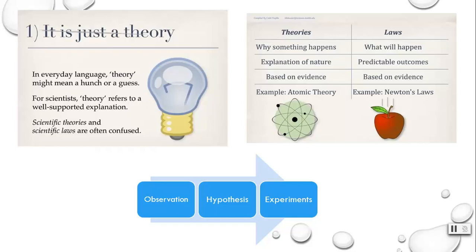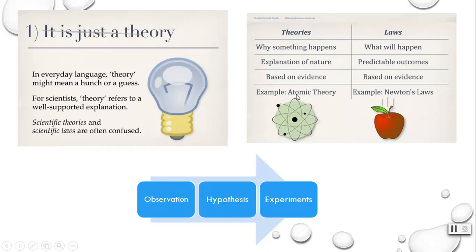To take a chemistry example, we already said that atoms combine to form molecules in simple whole number ratios. That would be an example of a law. I have predicted what will happen: atoms combine to form molecules in simple whole number ratios. But why does that happen?